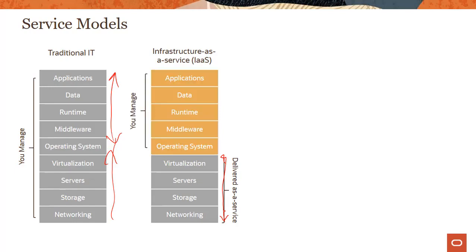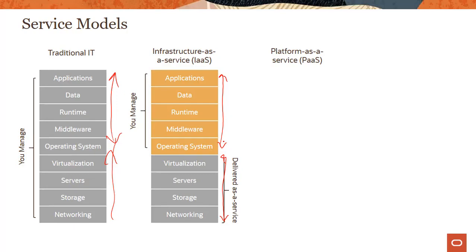And you as a customer are responsible for things like your operating system, your middleware, your apps, and your data. Those are all your responsibility. A good example: you get a virtual machine in the cloud, you have complete control over it. You could install whatever operating system you want, whatever application you want. So that's a good example of an infrastructure as a service offering.